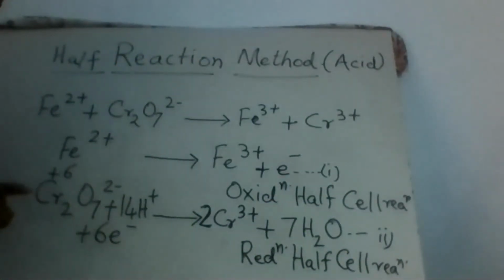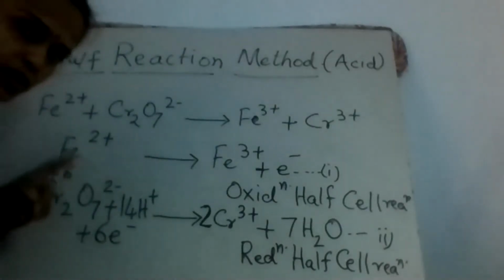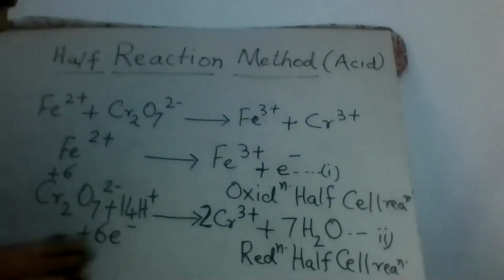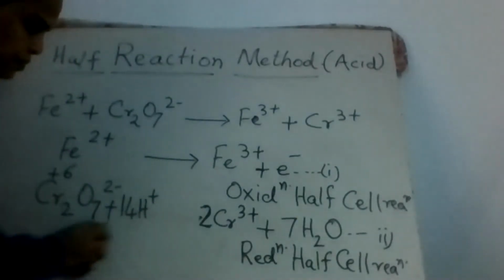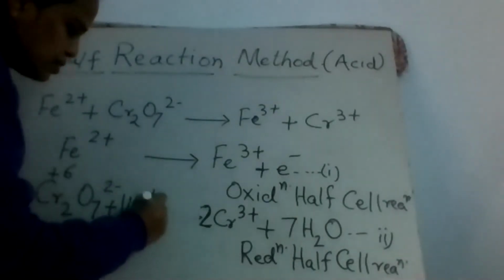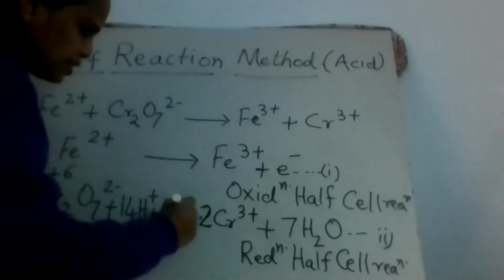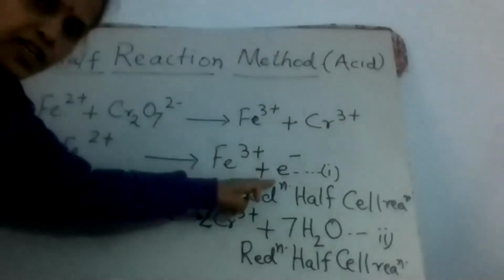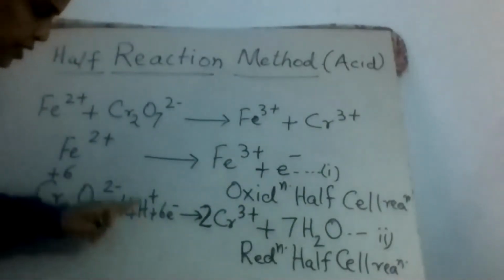Now, the next step is to add these 2 equations together. Before adding, you need to make the electrons the same on both the sides. Here it is 1 electron and here it is 6 electrons.